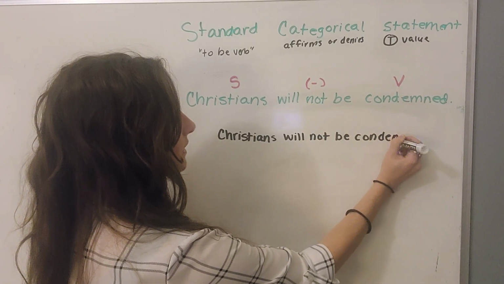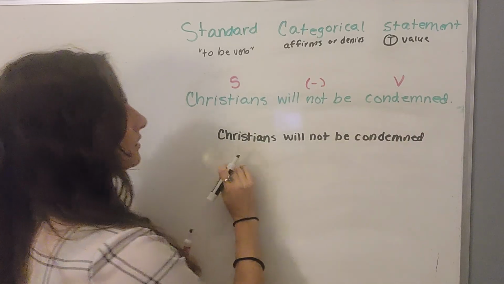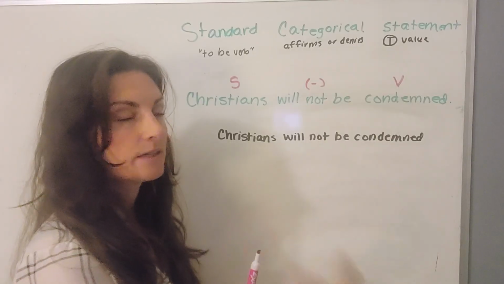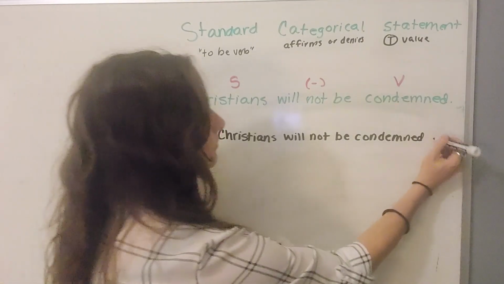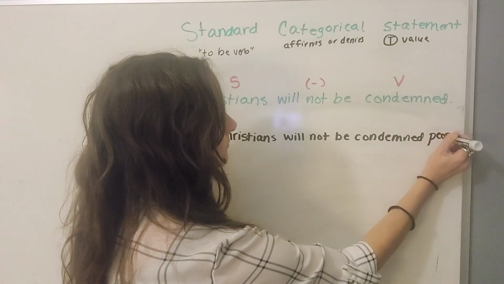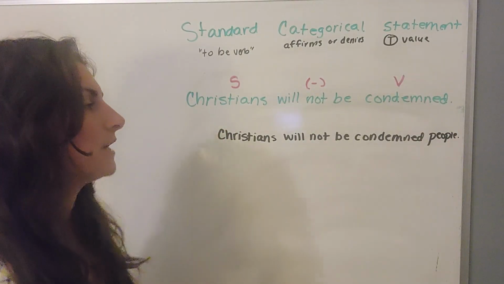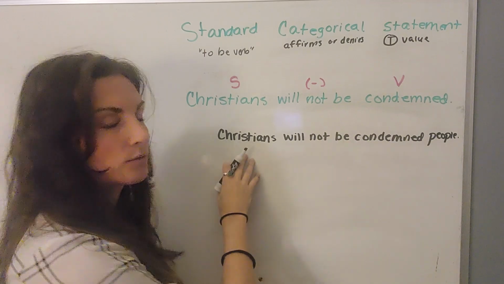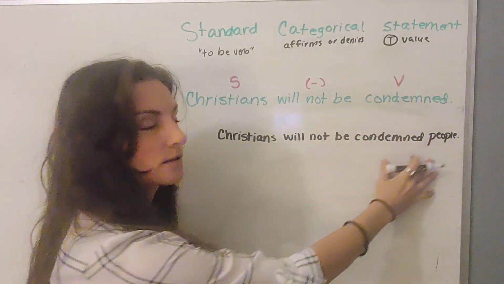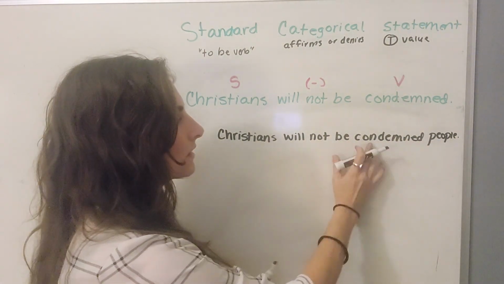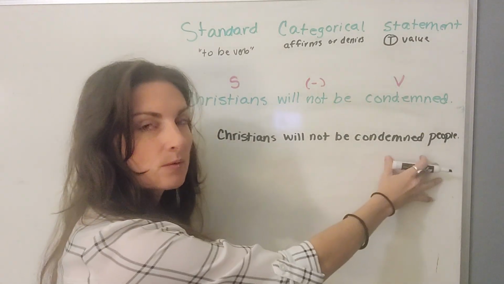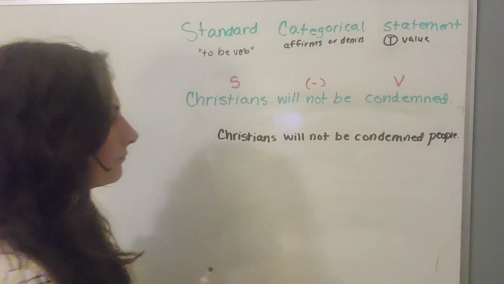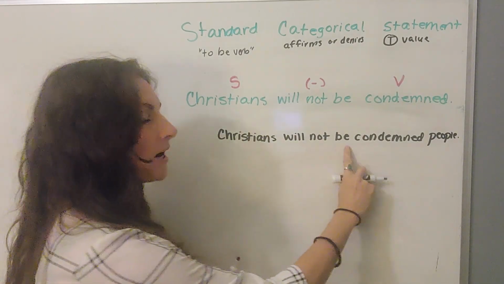All right, so far I have not changed anything. Christians will not be condemned. I'm just going to add a noun to the predicate here. People. So now, instead of making this where the Christians were doing it, it's still receiving the action. It's describing the type of person they are. So condemned is more like describing what type of person, a type of person. So condemned people.